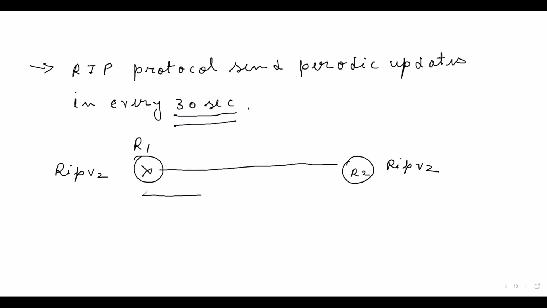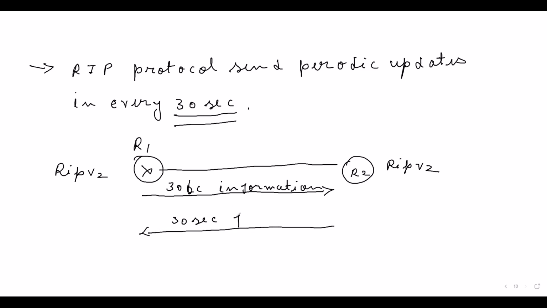Every 30 seconds, this one will share all information, full information. And this one will also share full information every 30 seconds. So is it bad or good? What do you think? Every 30 seconds, it is sending full information.